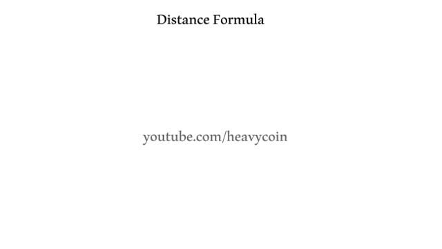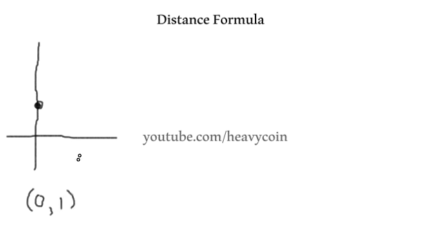So this time we're going to shift that triangle, instead of horizontally, we're going to shift the triangle up. So we're going to have a point here, at 0, 1, and then we're going to have another point up here, and we'll call this 1, 3.